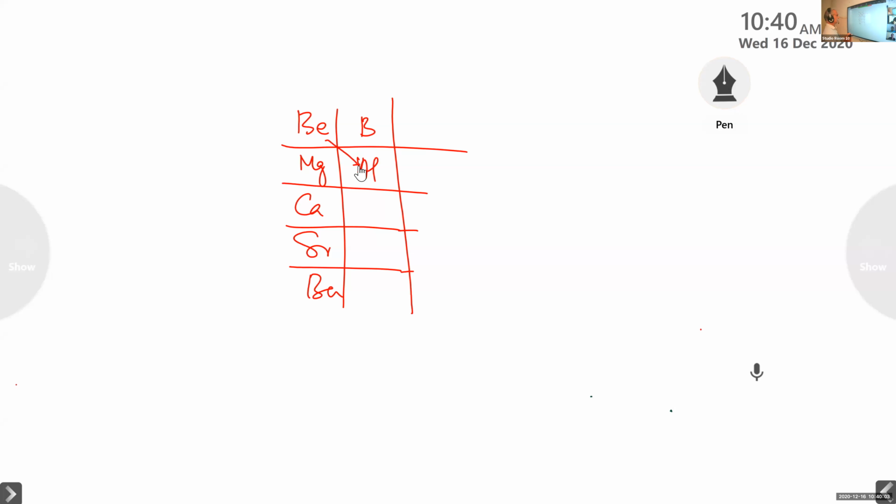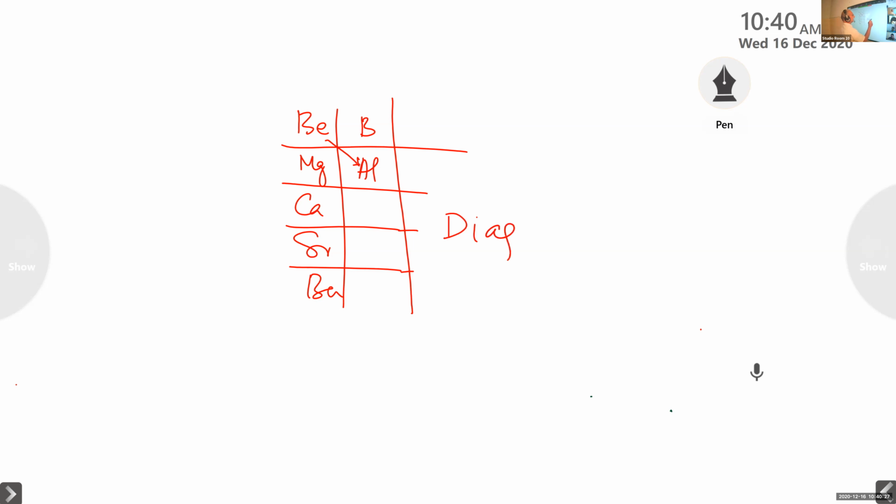You can say that beryllium resembles aluminum. These two are diagonally arranged elements, and they show similarities in their properties. And that's called a diagonal relationship.